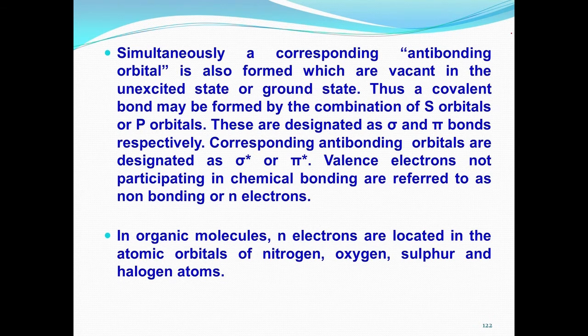Imagine I have two hydrogen atoms and I bring them nearer. There will be attraction between the electrons and there will be a bond, and this bond is the lowest level. Correspondingly there will be an anti-bonding orbital at a higher state. At room temperature anti-bonding orbitals are all vacant.